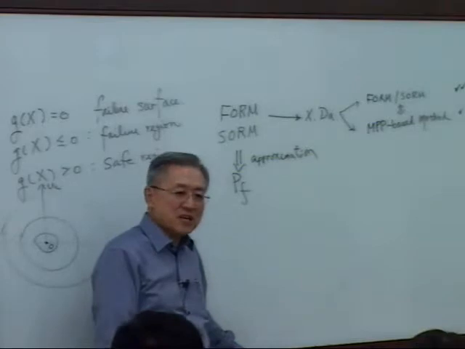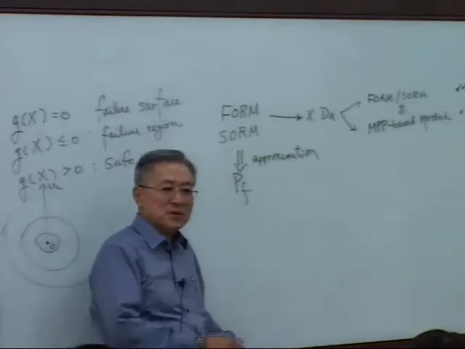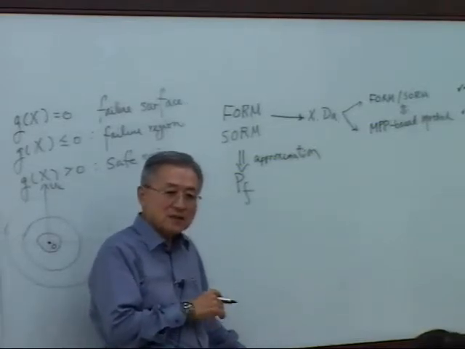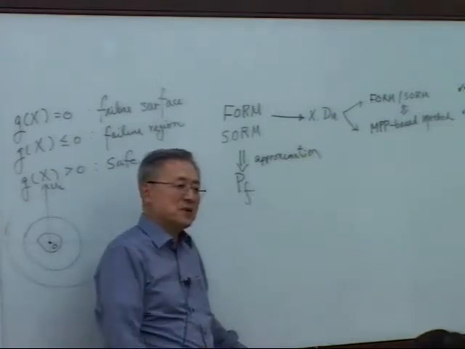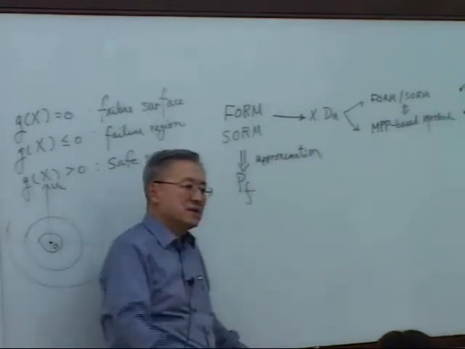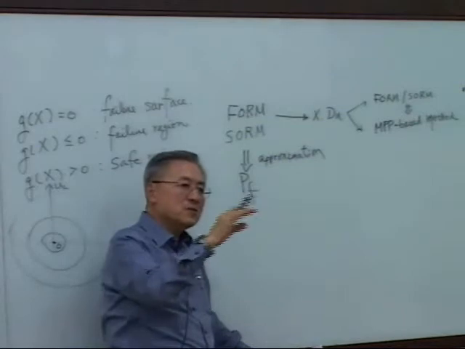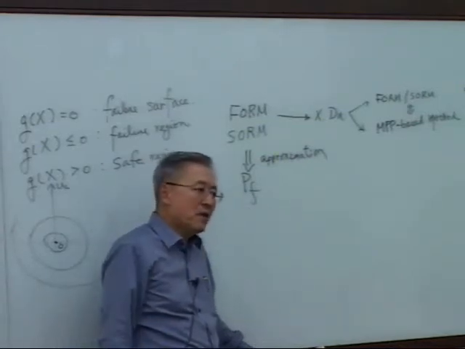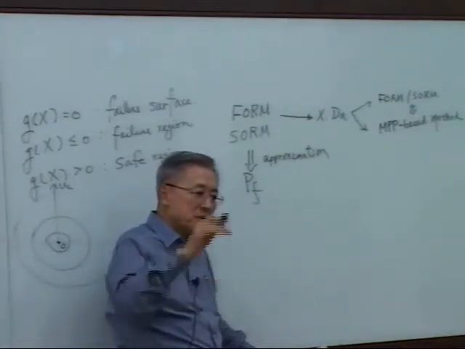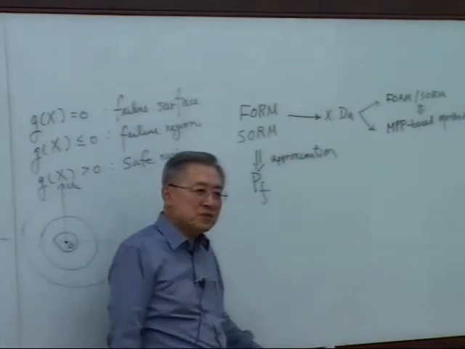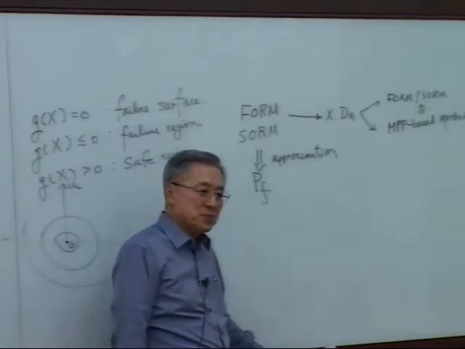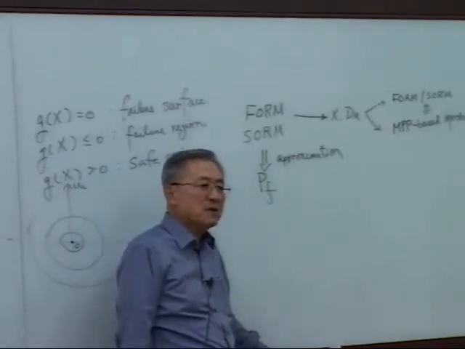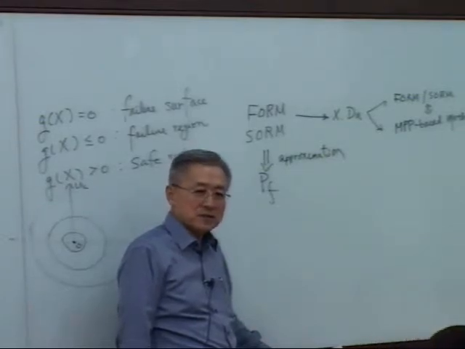But for the design, the design PF is already set. Then you have to fit all your random variables to fit into the given design probability of failure or reliability.